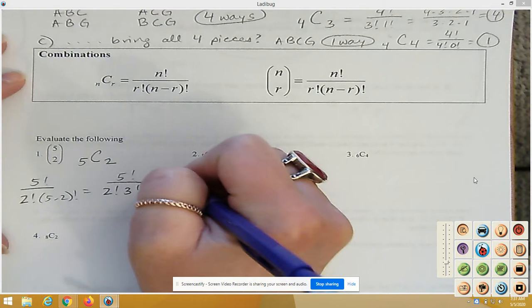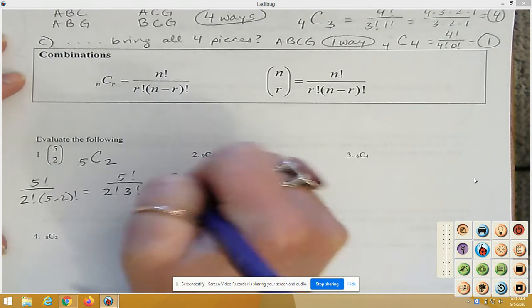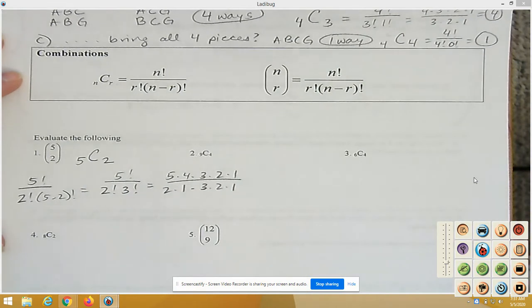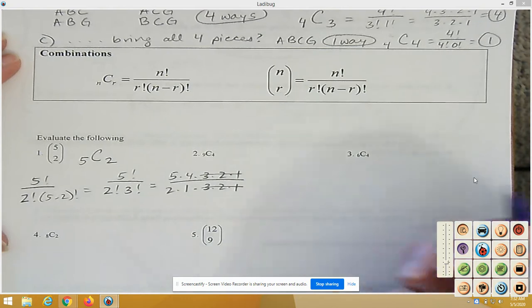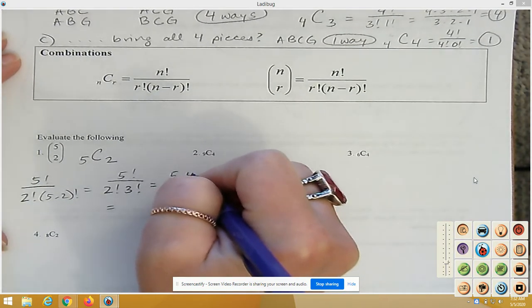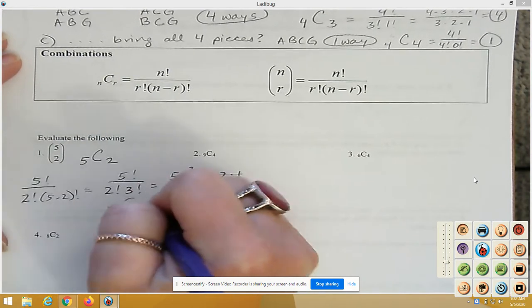So I'm going to show you one last time how I can do that by hand. So 5 times 4 times 3 times 2 times 1 over 2 times 1 times 3 times 2 times 1. So what I would always do is cancel those pieces out, and you're going to get 5 times 4 is 20. Actually, I would even keep canceling. So the 4 divided by 2 is 2, and you're going to get 10.